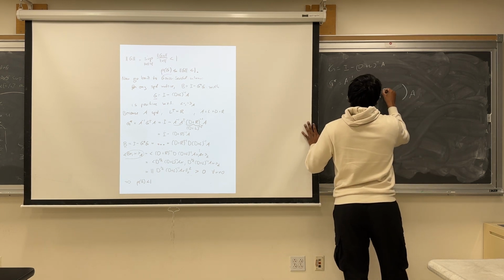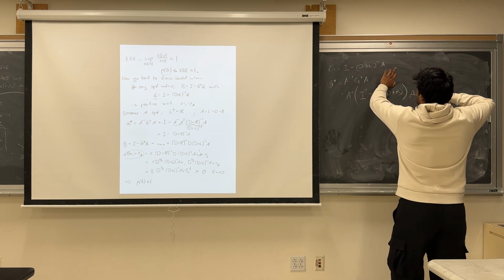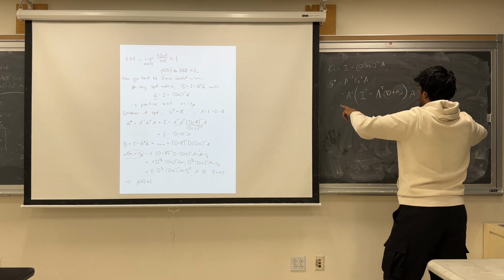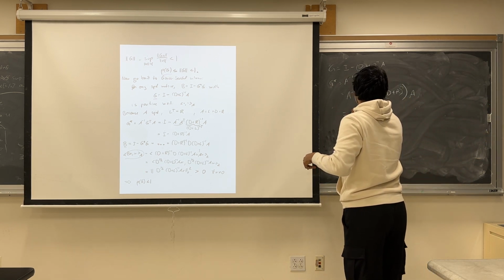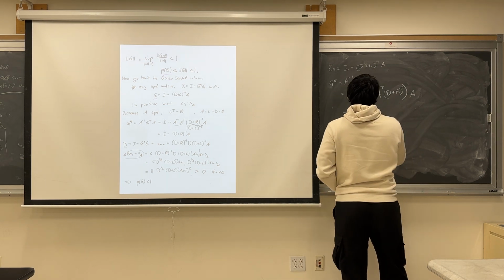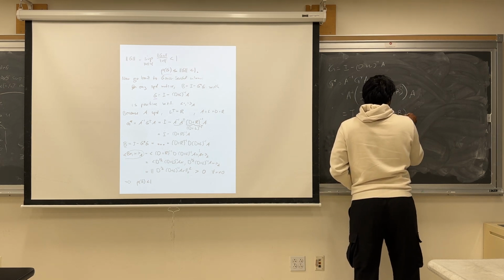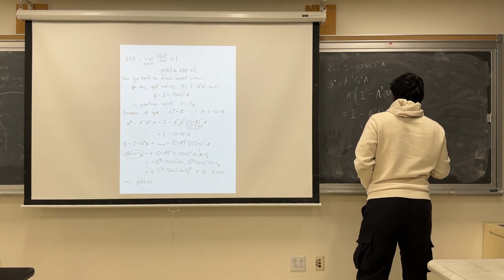So this becomes A transpose D plus R inverse, right? A inverse A becomes identity minus A inverse A transpose D plus R inverse times A.